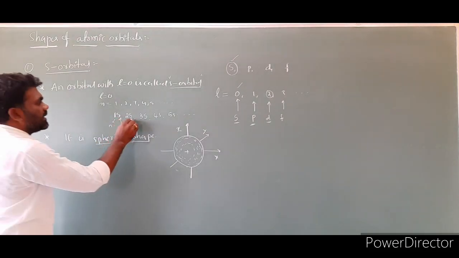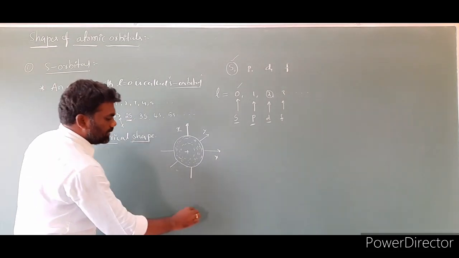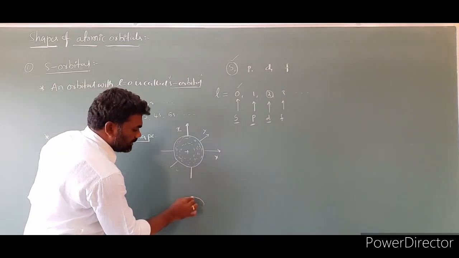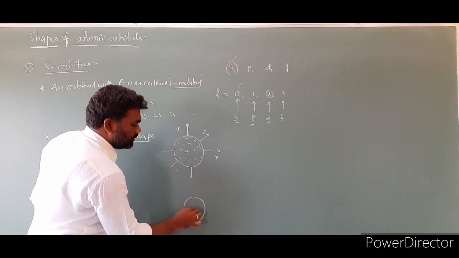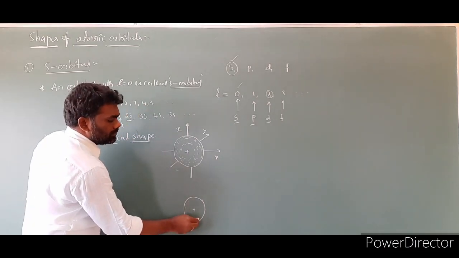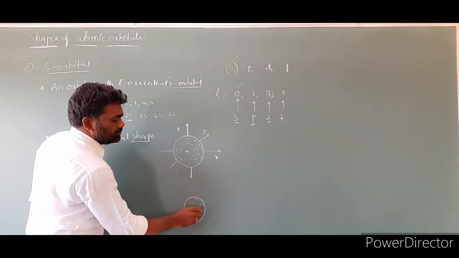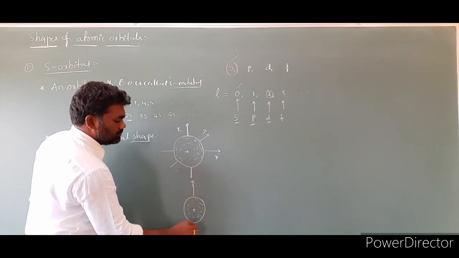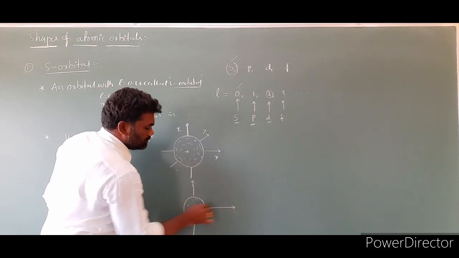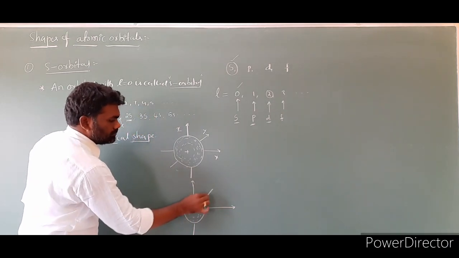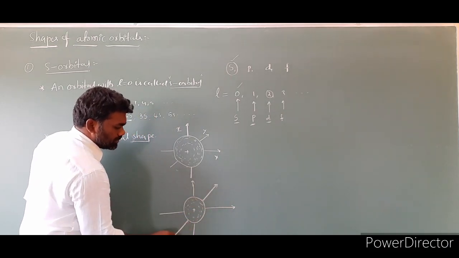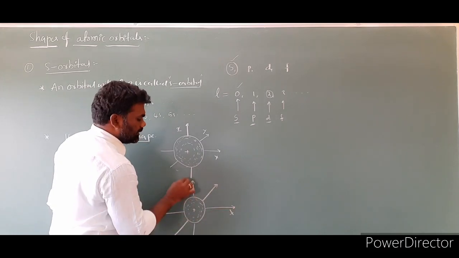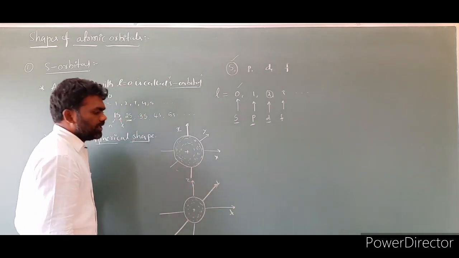If you take the 2s orbital, I'm drawing the 2s orbital here. First I'm drawing the 1s orbital, the nucleus. This is the 1s orbital, this is the x coordinate, this is the z coordinate, this is the y coordinate.